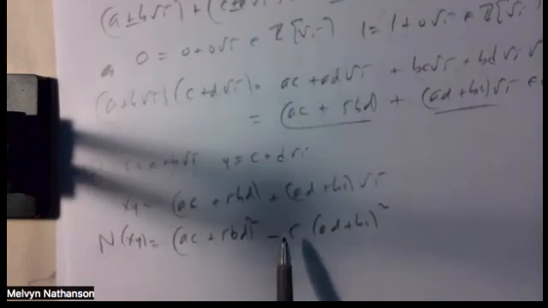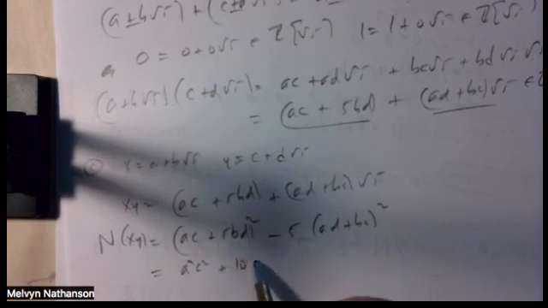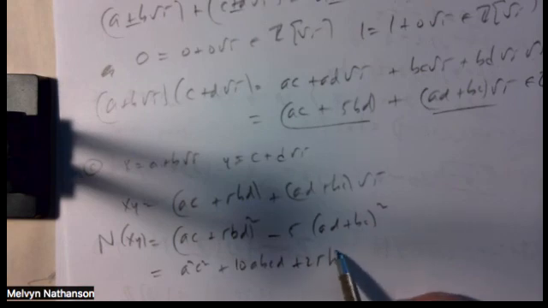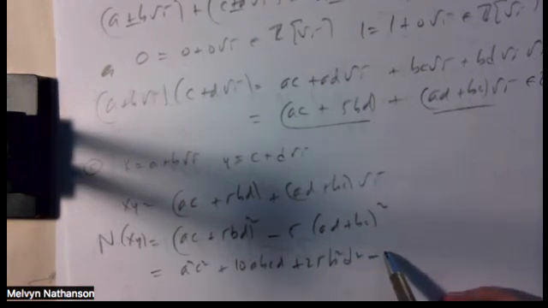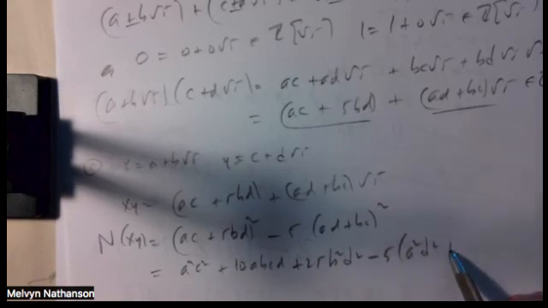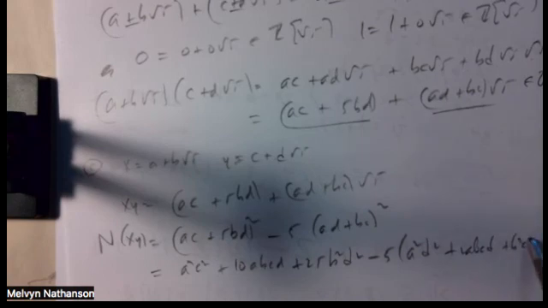So this is just a little bit of high school algebra. This is A squared C squared plus 10 ABCD plus 25 B squared D squared minus 5 times A squared D squared plus 2 ABCD plus B squared C squared.